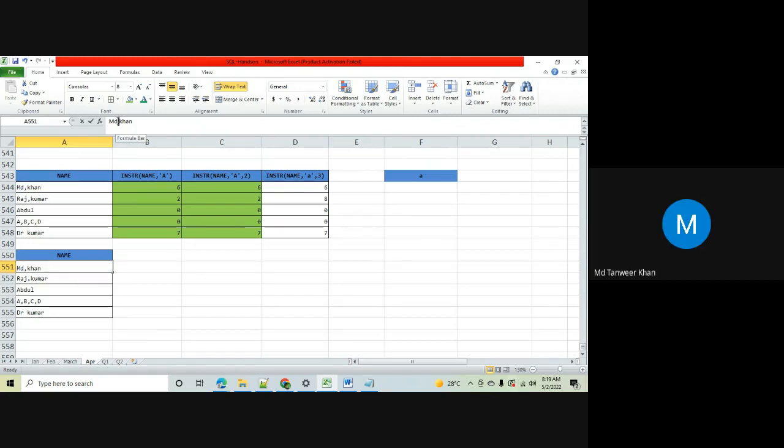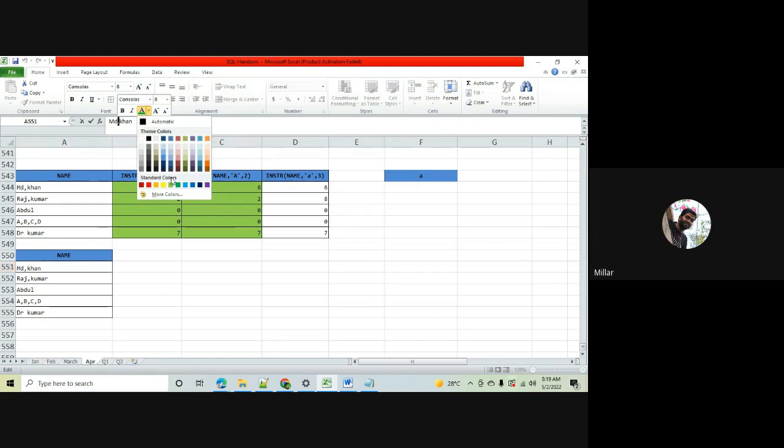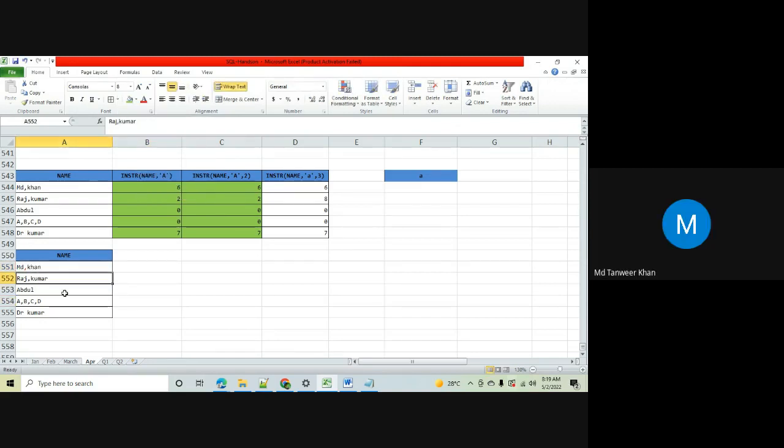Comma is the third position. In Rajkumar, the third position is J. In Abdul, the third position is T. Here the third position is B. Here the third position is this space.